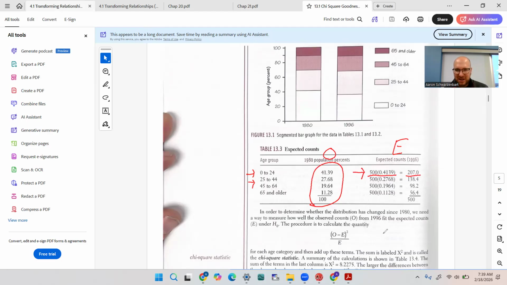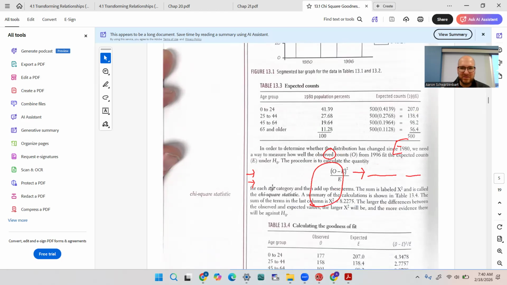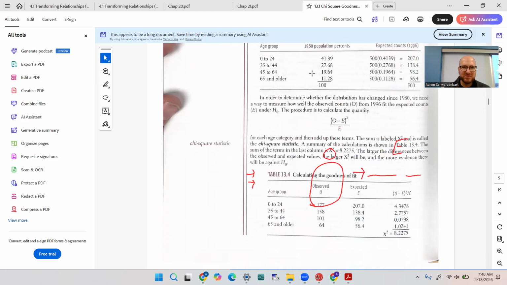So if I do that, I think they have it later on here. Here it is. So here's my observed minus expected squared divided by expected, and I get this. And I get a chi-square value.